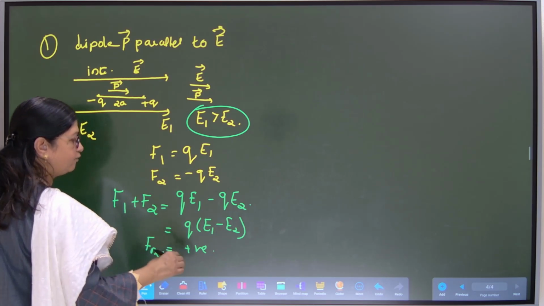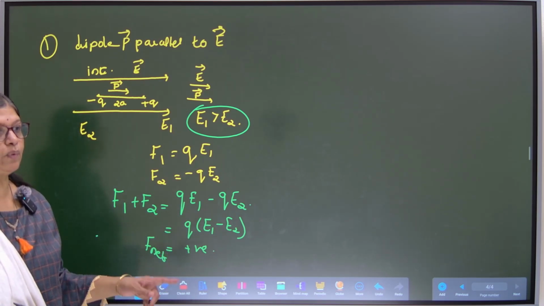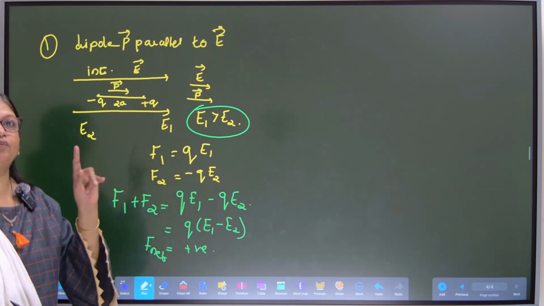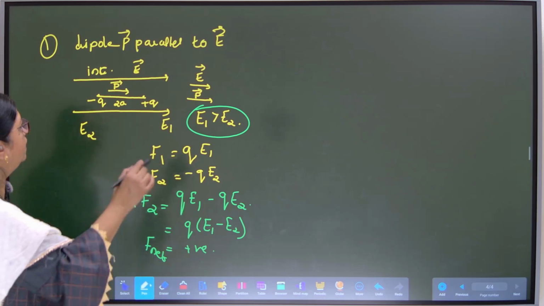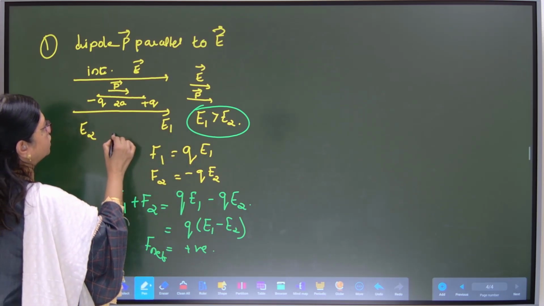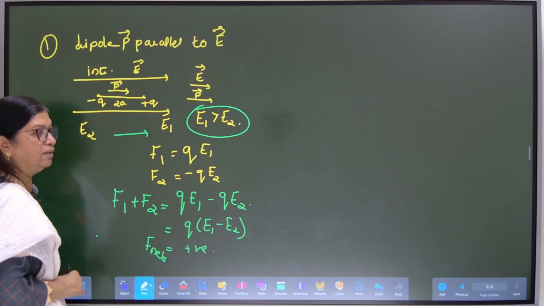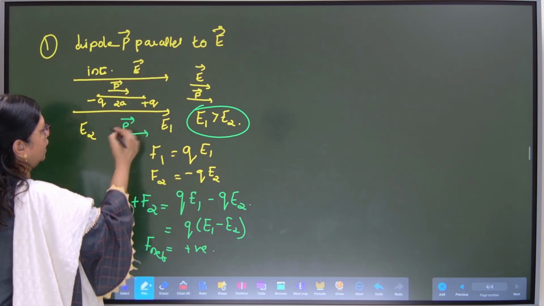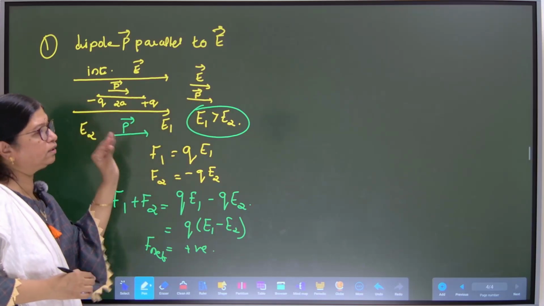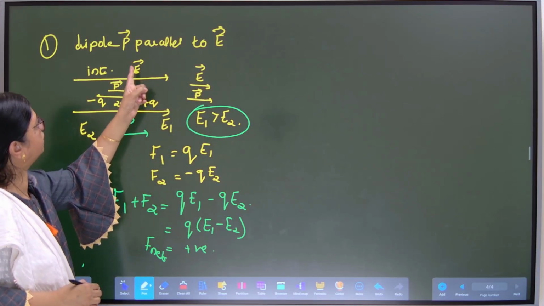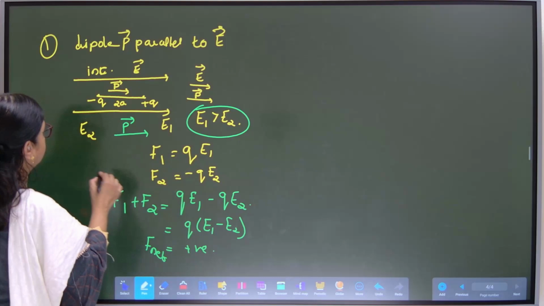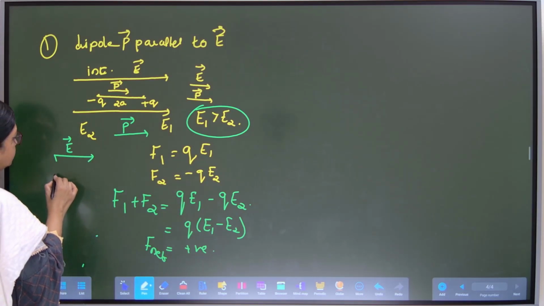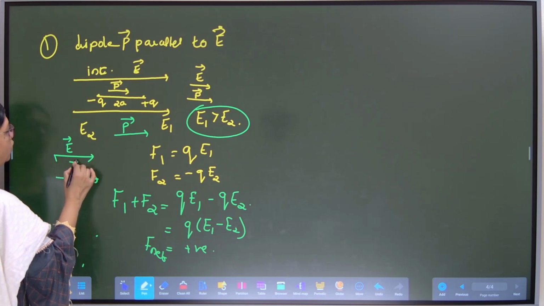So do I have a net force? Yes. What is its value? Positive. So what will be the direction of the force or the motion of the dipole? A translatory motion in the increasing direction of the electric field. So in this direction, the P arrow or the dipole will move in the direction of the increasing electric field. So let us represent this as the direction of increasing electric field, this as the translatory motion of the dipole.